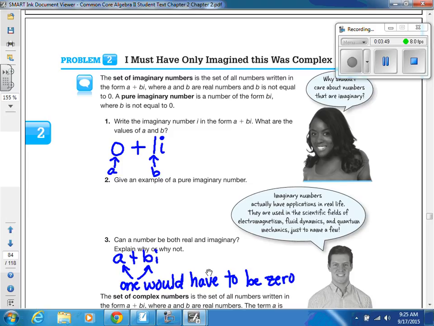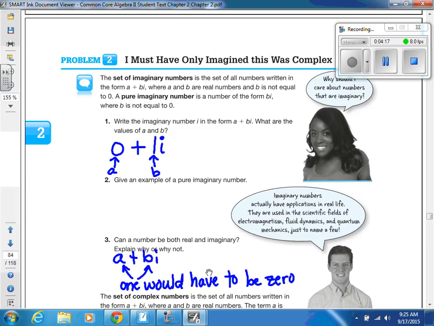Okay, someone asked earlier, not in this class, in a different class, who actually uses these? Imaginary numbers have applications in real life. A lot of you in here will not have a job that uses imaginary numbers. You just won't. If you go into engineering, you very well could use them quite often.